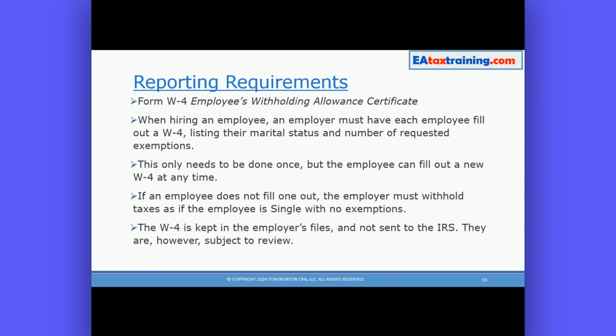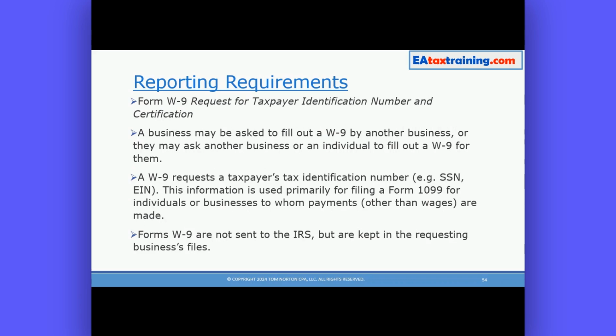If the employee does not fill one out, then the employer still has to withhold income tax, and they just have to treat that employee as if they are single with no exemptions, which will give the maximum amount of withholding. The W-4 is not filed with the IRS. The employer must keep it in their files, but they don't have to send it to the IRS. Of course, the IRS can ask to review those if they want to.